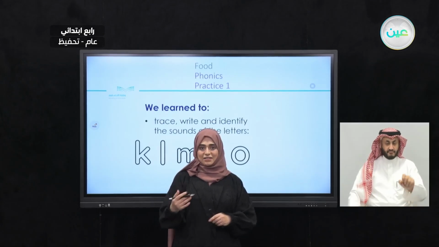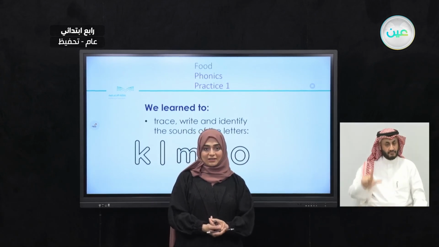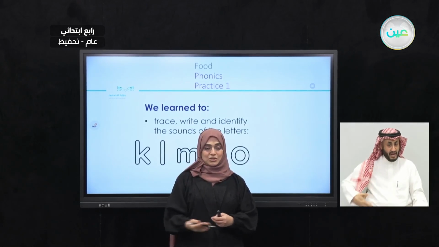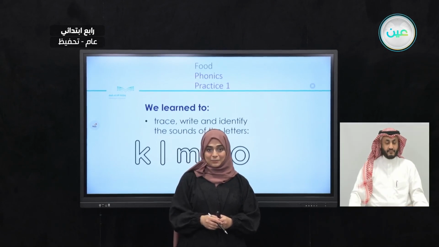K, and then that animal with the mane is called lion. K, L, and then M. Monkey, the letter M. We also learned the letter N. Excellent job. N. Nest, the letter N.